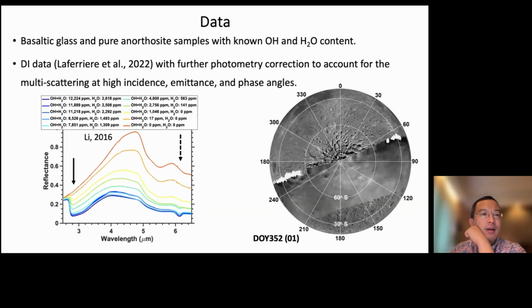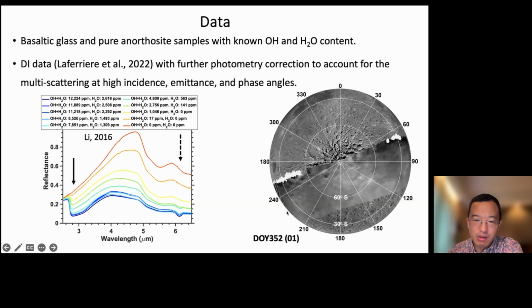For data, we have two different suites of data. We will use basaltic glass and pure andesite samples with known OH and H2O. This is measured in the lab. And for orbital data, we're going to use the DI data. This is from Chris' work. We only apply a further photometry correction to account for the multiple scattering effects at very high angles.